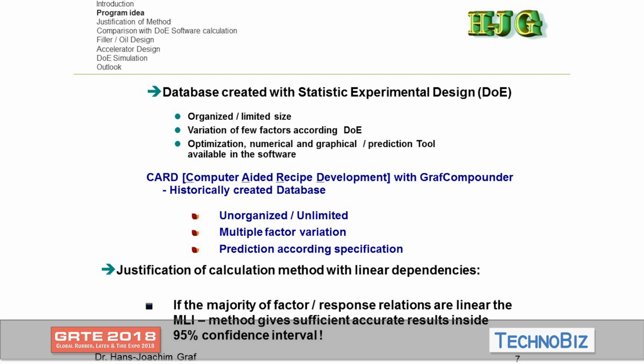And if the majority of factor relations are linear, yes, I can use a simple math like first order regression to use that in this compound, and then I know by my own experiments that we are in a 95% confidence interval in our prediction compared to the confirmation experiment.